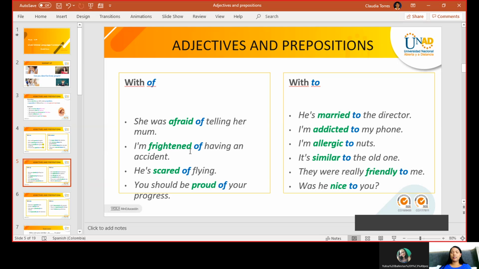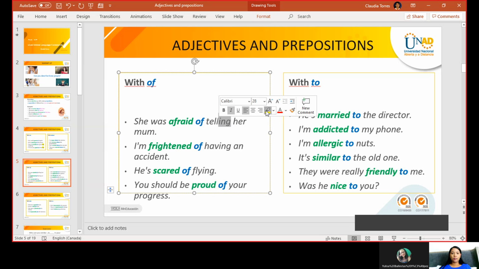Frightened is similar to afraid, right? But as you can see here, telling, ing. Having, ing, because these are activities, actions, verbs, right?